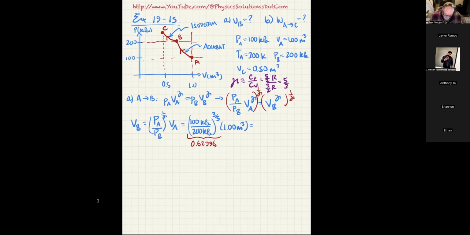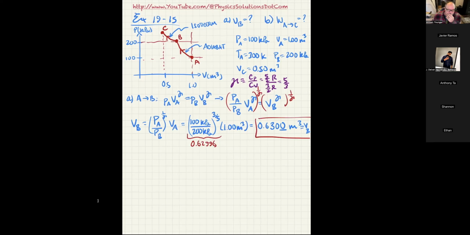Then I multiply that by 1, which gives me, obviously, 0.62. I might as well call this 0.630. That's 3 sig figs for everybody, and that's in cubic meters. So that's what our volume at B is, which is the first thing we're supposed to ask.